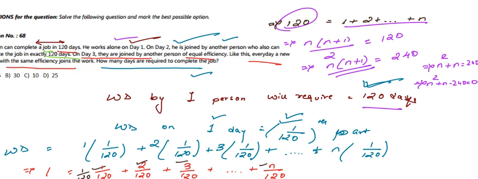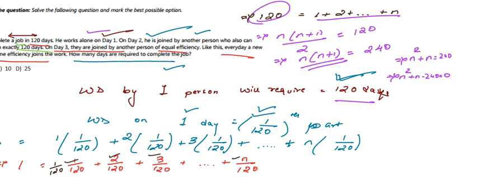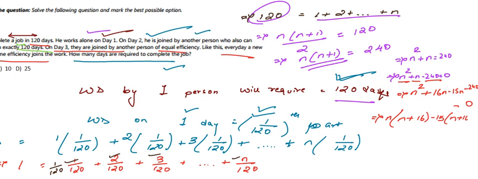This can be written as n square plus 16n minus 15n minus 240 equal to 0. Taking n common, this will be n into n plus 16 minus 15 into n plus 16 equal to 0. Taking n plus 16 common, we are left with n minus 15 equal to 0.